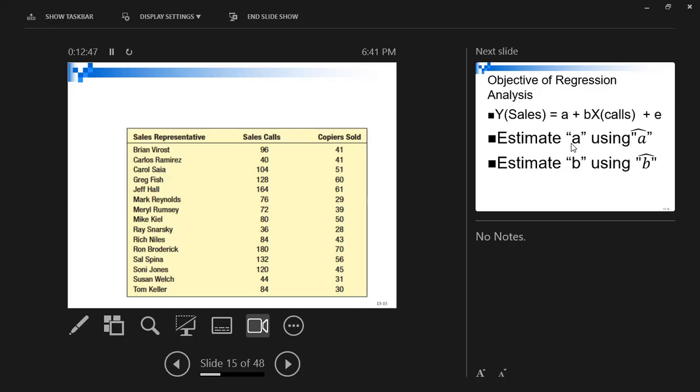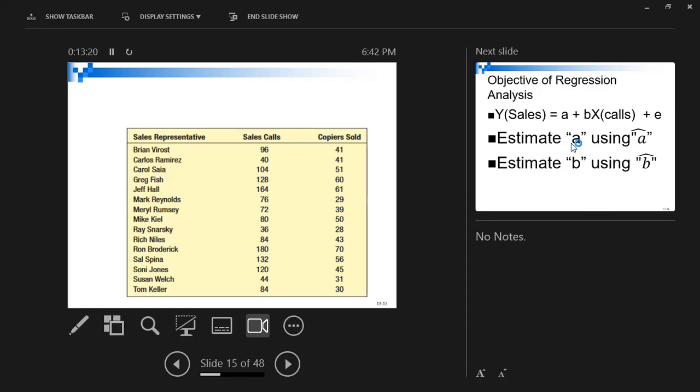And so we estimate A using A hat, which we say that A hat is an estimate of A. We estimate B using B hat, which is to say that B hat is only an estimate of B.